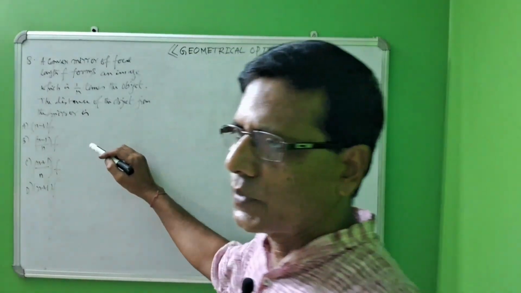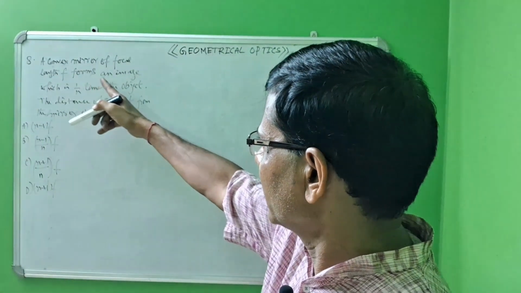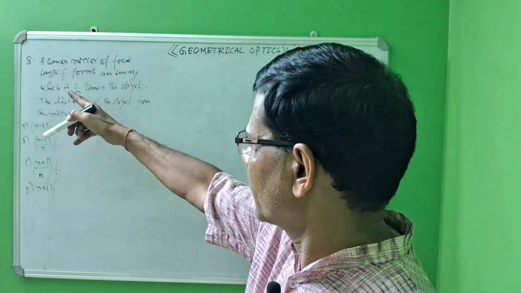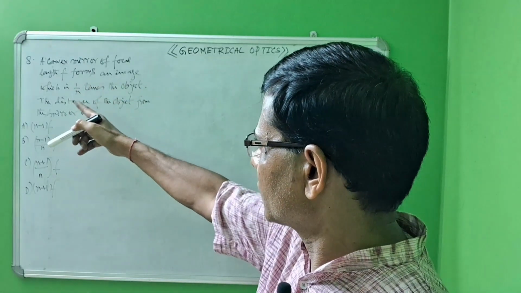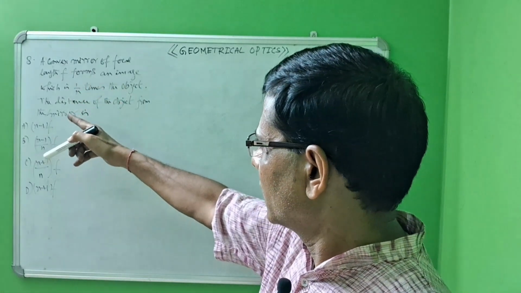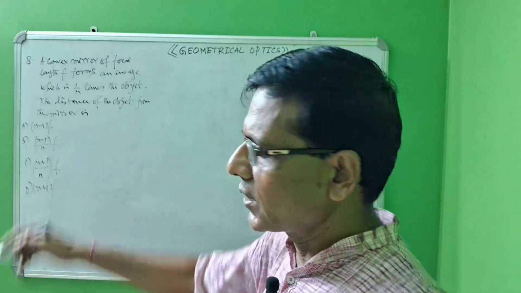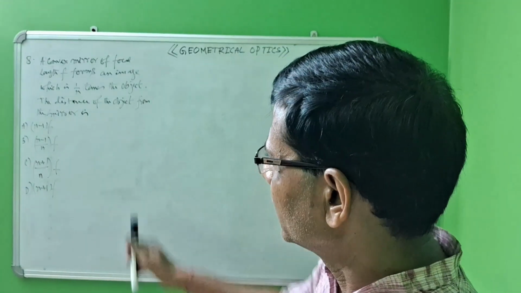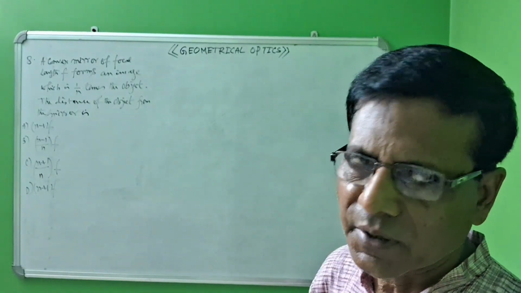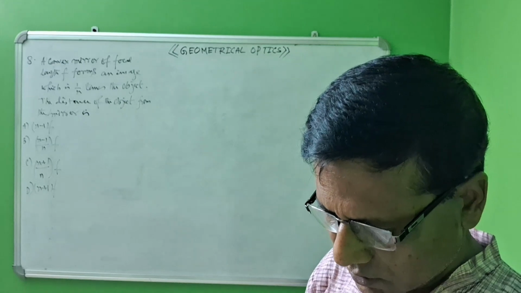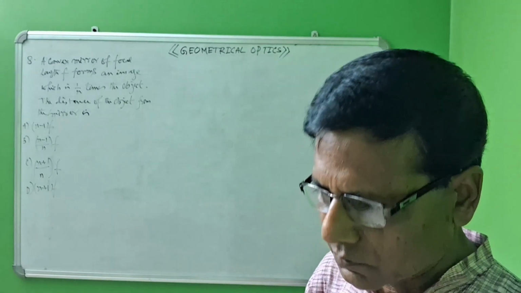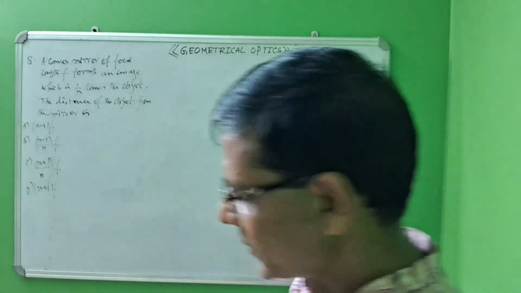The problem is: a convex mirror of focal length f forms an image which is 1 by n times the object. The distance of the object from the mirror is to be calculated. This problem is apparently easy, but it is not easy due to sign convention.